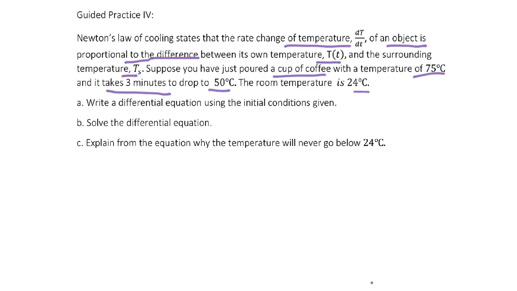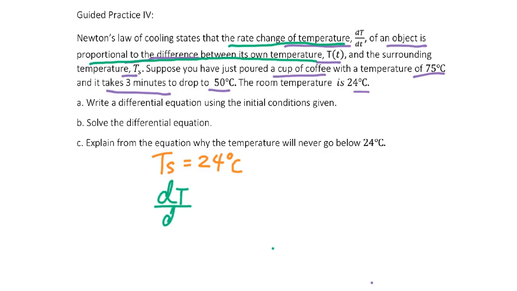For A, write a differential equation using the initial conditions given. We know that Ts equals 24 degrees. Therefore, according to the given information, the rate of change of temperature is proportional to the difference between its own temperature and the surrounding temperature, which means dT/dt is proportional to the difference, so T minus 24.